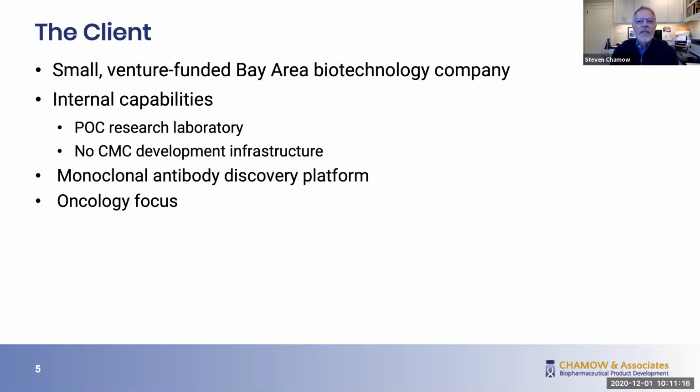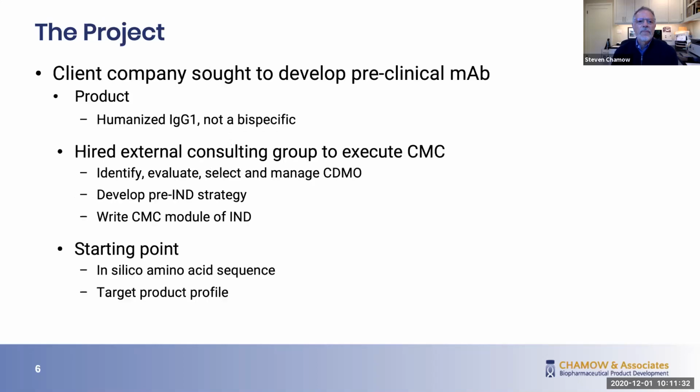And so often these kinds of companies look to outsource these functions, and that's where consulting groups like ours come in. So this particular client has a monoclonal antibody discovery platform and an oncology focus.